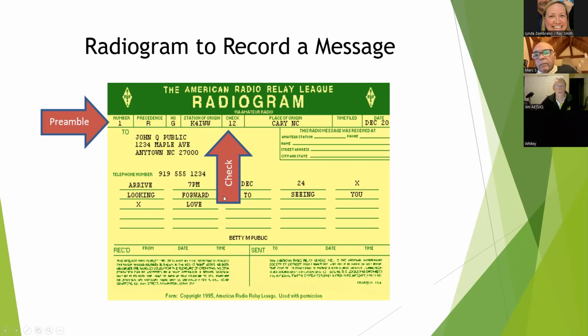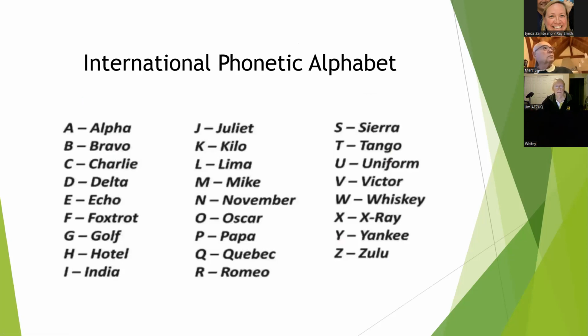Check tells you how many words there are. So if there's a problem, hey, I got a message with 9 words. Uh-oh, we got a problem. Resend, please. They're supposed to have 12 words. And all the other specifics of the message. With the advent of digital forms, you don't see these radiograms as much, but they're still used pretty widely.